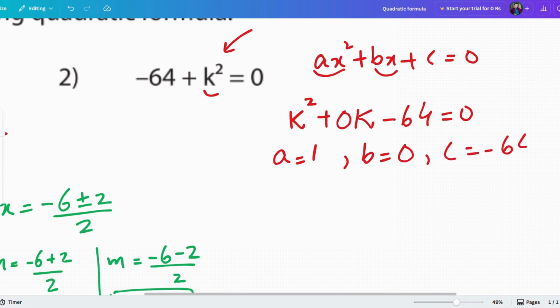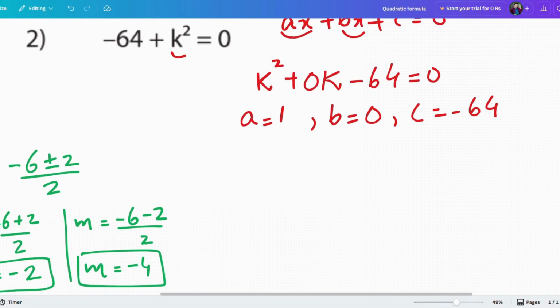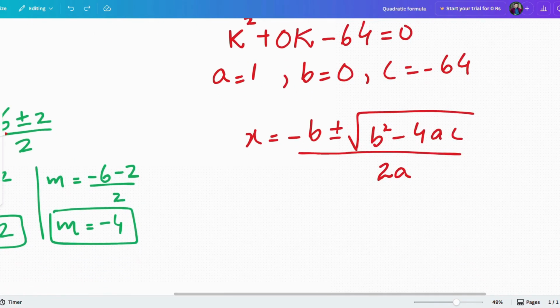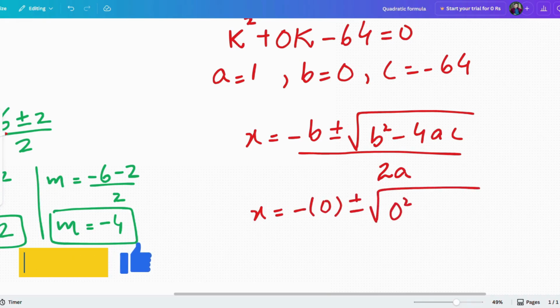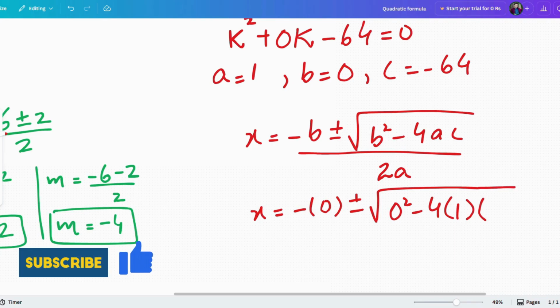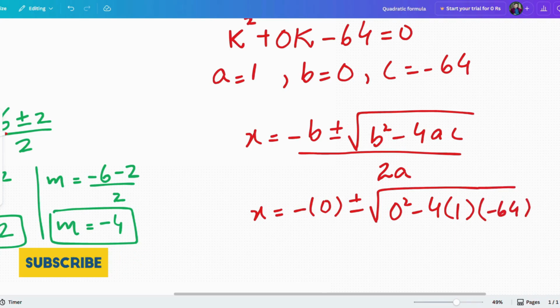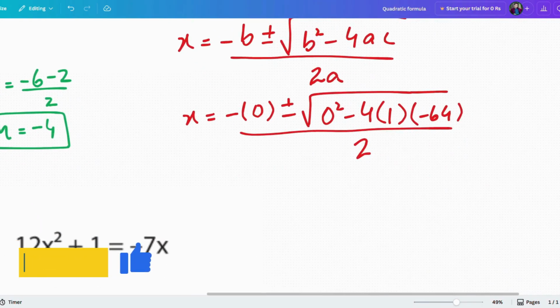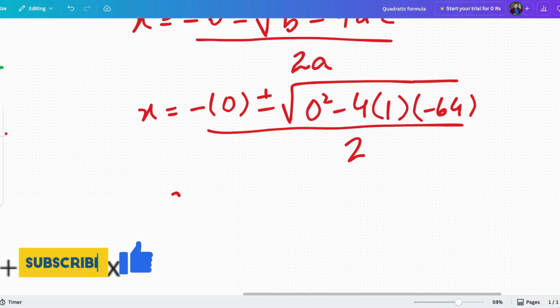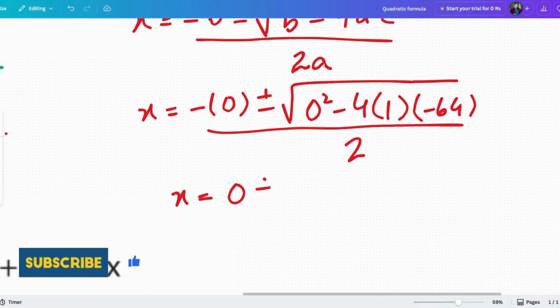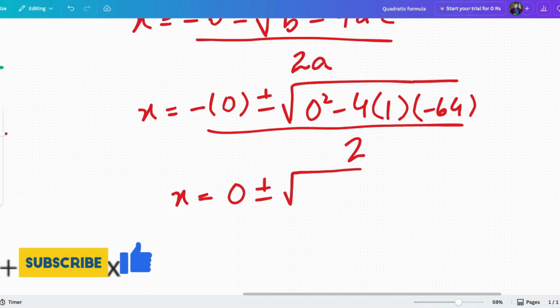Now putting those values into the quadratic formula, x equals, b is 0, so I'll put negative 0 plus minus radical 0 square minus 4, a is 1, and c is negative 64, all of it divided by 2, as a is 1, so I will simply put 2 over there, okay? So now x is equivalent to 0 plus minus radical, minus and minus will make it positive, right?